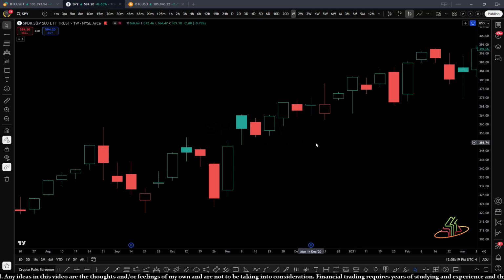So what does this all mean? All hollow candles are saying that the market is going up. Any hollow candle you see, these are just normal green candles that are going up. Any hollow candle, including this red candle, this is just a green candle going up.